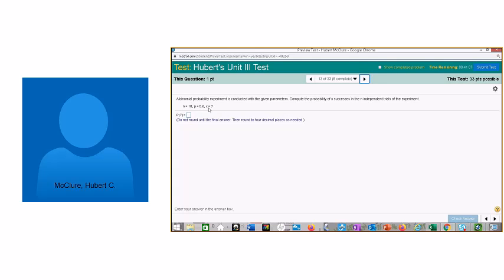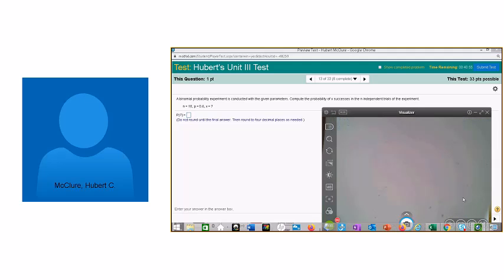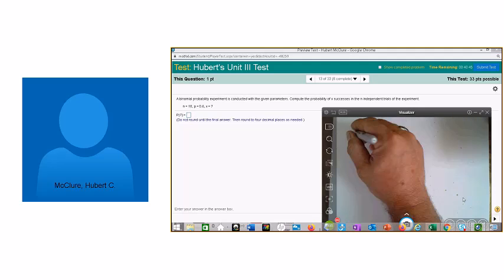NP what? NPX. Is this cumulative or exact? That means I want y'all to answer. Is it cumulative, CDF, or is it binomial PDF? It's binomial PDF, Hubert.